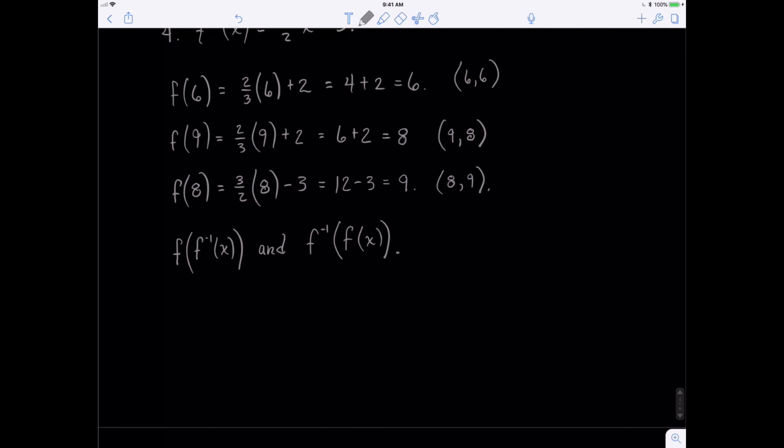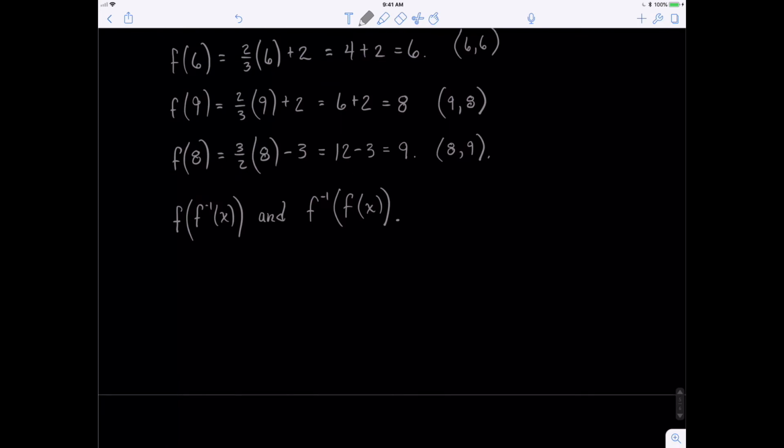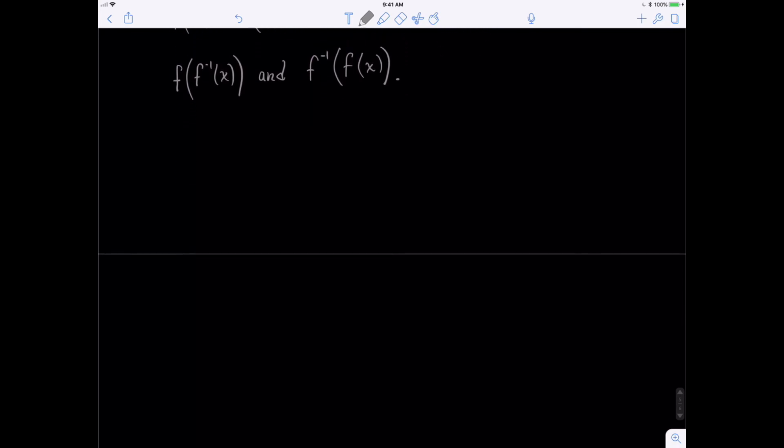And let's think about this. This says that if I put whatever f inverse is into f, I should get back out where I started. Well, you start with an x. So if this really works, then we should end with an x. Now that might have been a little bit quick, but that's also the definition.